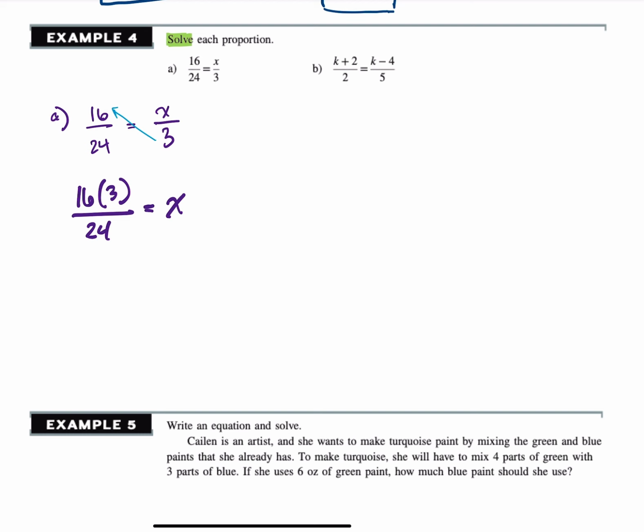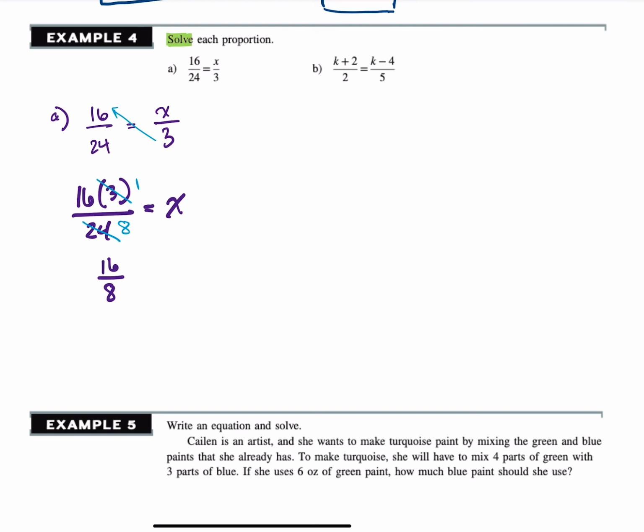And then we can try to be a little tricky here. We could go ahead and multiply 16 times 3. But we can try to reduce before we multiply things out. It might make reducing the end fraction a little bit easier if I note that 3 goes into 24 8 times. So I can imagine dividing the 3 by 3, and that will reduce to 1. And dividing the 24 by 3, and that will reduce to 8. So this whole thing would just be, on the top I have 16 times 1, so that'll be 16.